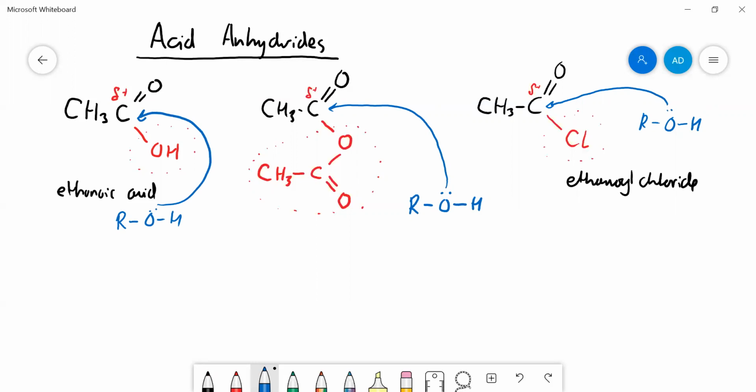Okay. Now, what happens is this is the worst at reacting with alcohol to form an ester. This is the next best, and this is the best of all. This is the fastest, this is the slowest, and this is somewhere in between.